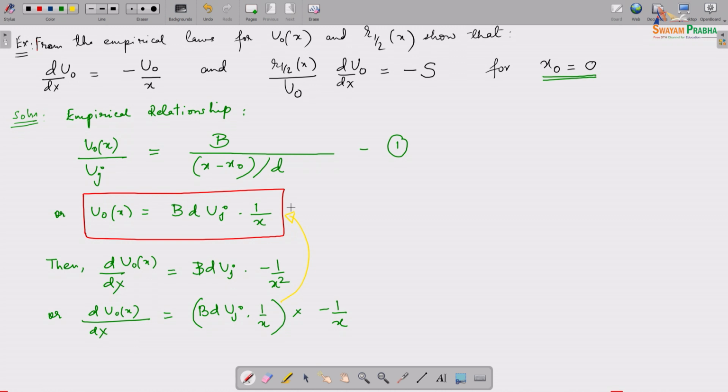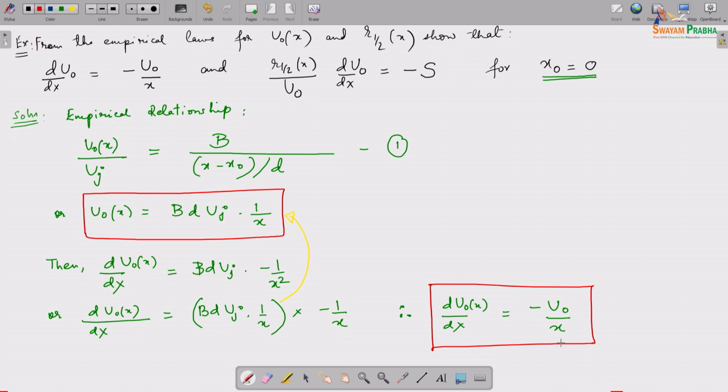Now, that part is nothing but u naught x. Therefore d u naught by dx is nothing but minus u naught by x. There, that's it.